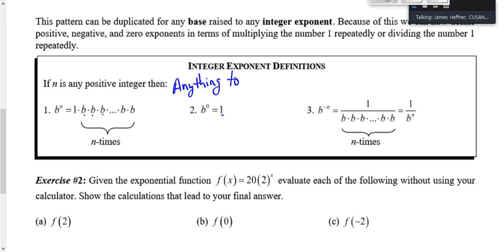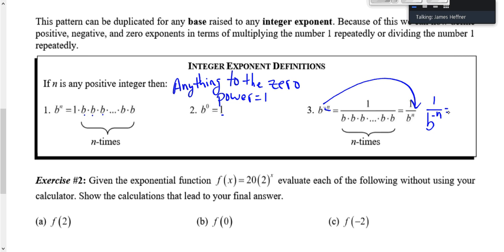Anything to the 0 power equals 1. Okay? And then here's b to the negative n. That's just the reciprocal, 1 over b to the n. Or what if I had 1 over b to the negative n? What's the reciprocal of that?